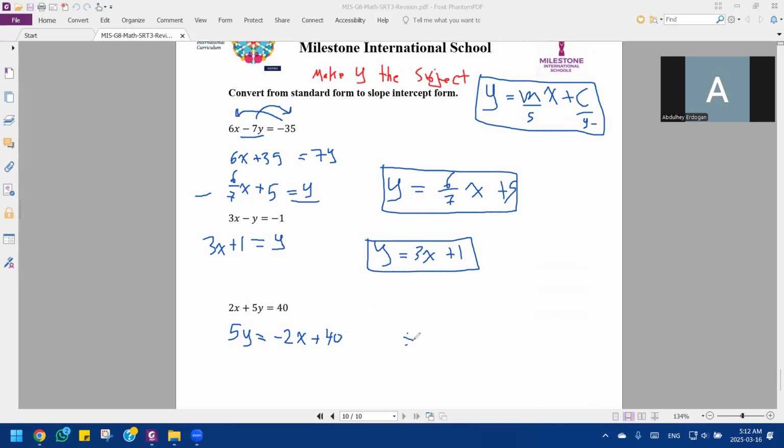No, I need to divide everything by 5. Y is equal to minus 2 over 5x plus 40 divided by 5, 8. So this is y the subject.